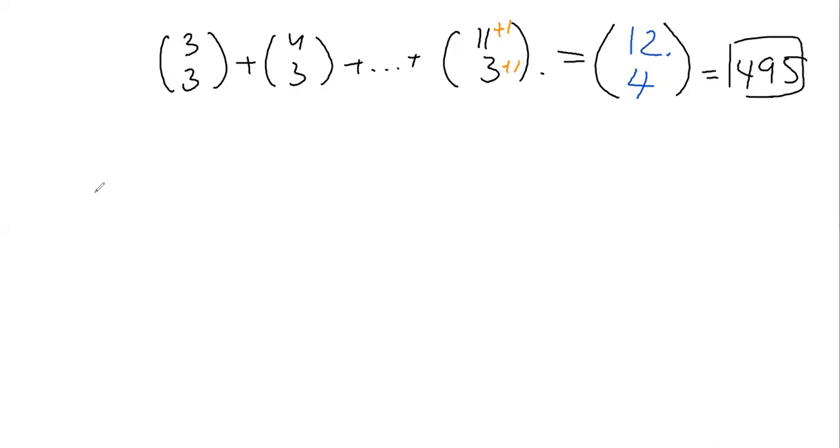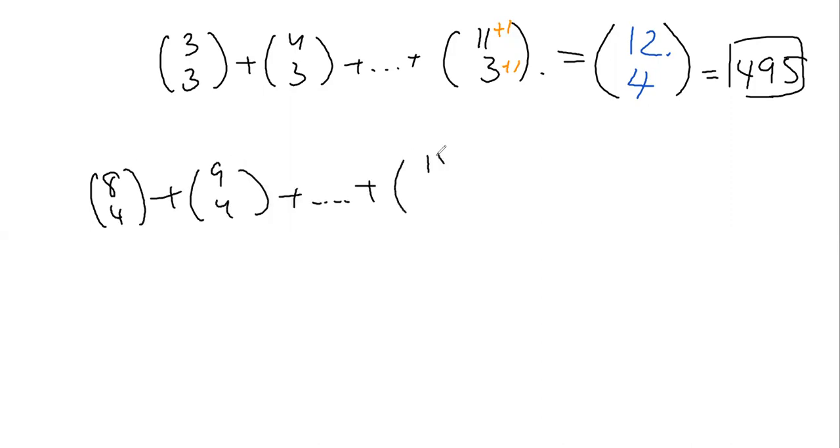Cool. How about 8 choose 4 plus 9 choose 4 all the way to 15 choose 4? Now I know you can't directly apply a hockey stick here, and why? Something is wrong with this hockey stick, and what is it?